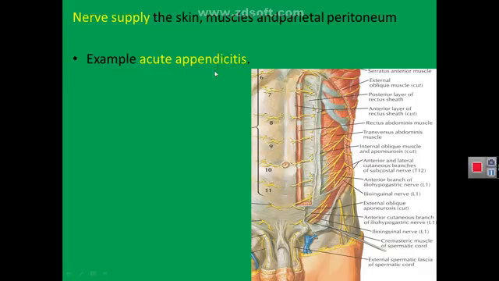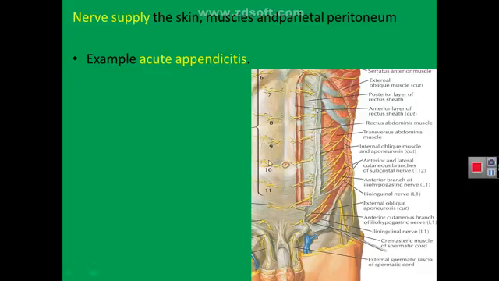inflammation of the appendix, which is called appendicitis, the appendix will enlarge, and such enlargement will produce tension on the peritoneum of the appendix, which is visceral peritoneum. This tension will produce pain transmitted via the autonomic nerves, via the sympathetic nerve.